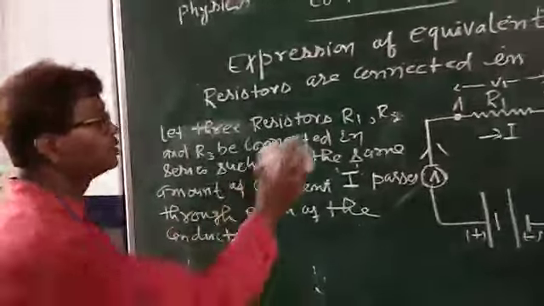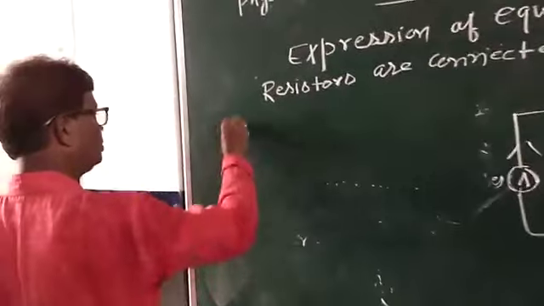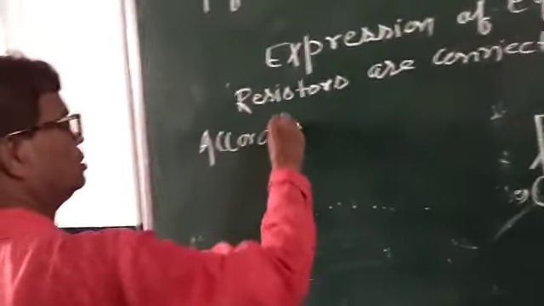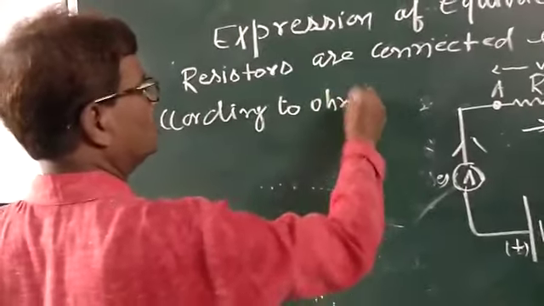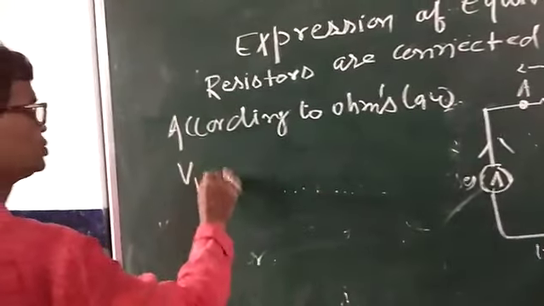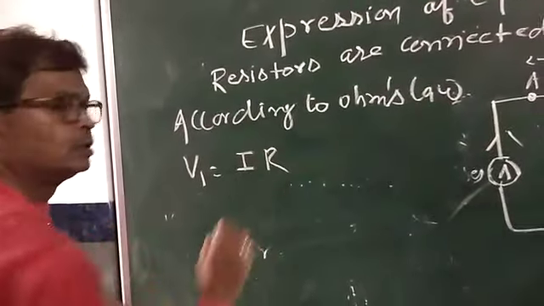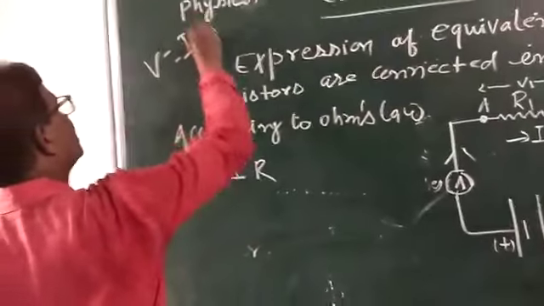Now, according to Ohm's law, we know V1 is equal to I R1. According to Ohm's law, V is equal to IR.